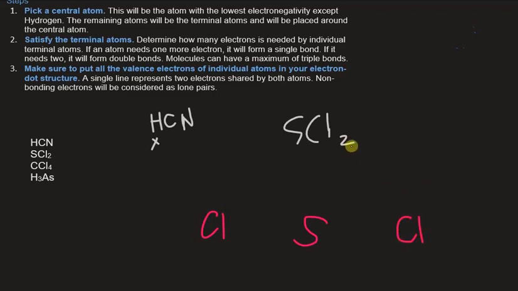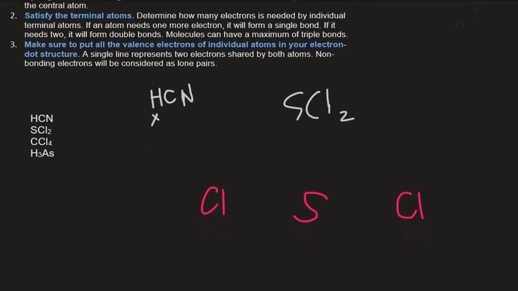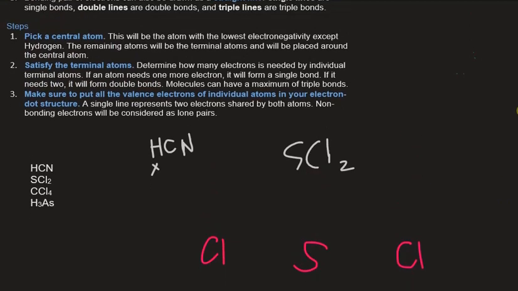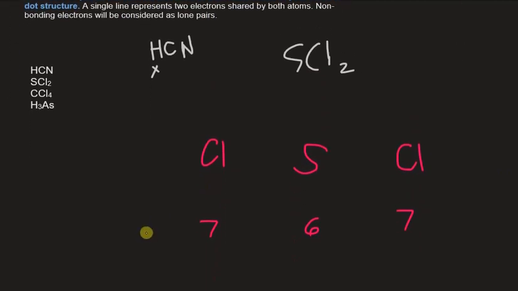Again, the 2 means there are two atoms of Cl in this molecule. The next would be to know their valence electrons. So chlorine has 7 valence electrons, sulfur has 6, and the other Cl has 7 valence electrons. The second step is to satisfy the terminal atoms. They need to have 8 valence electrons.